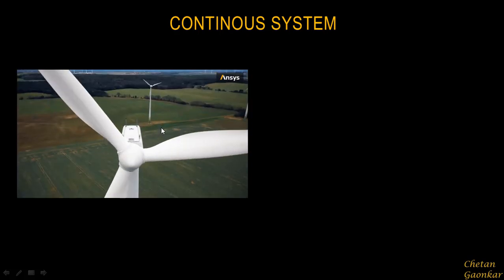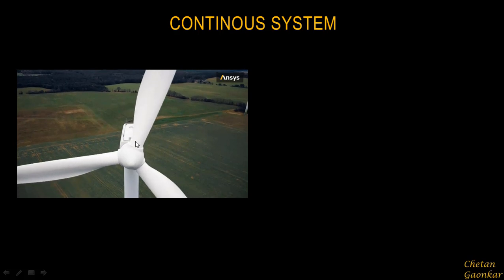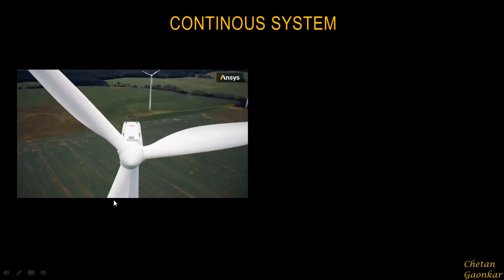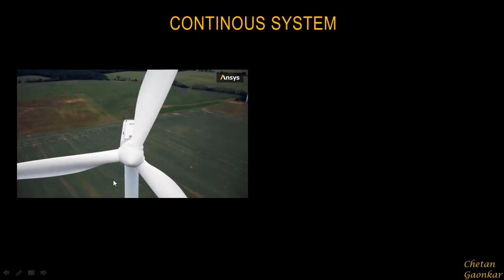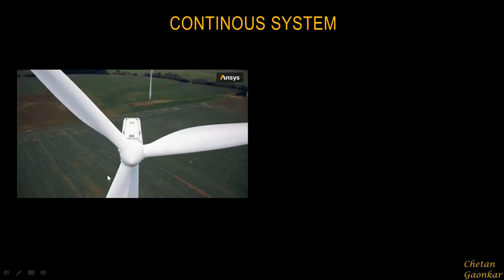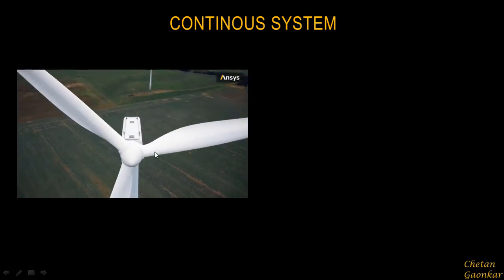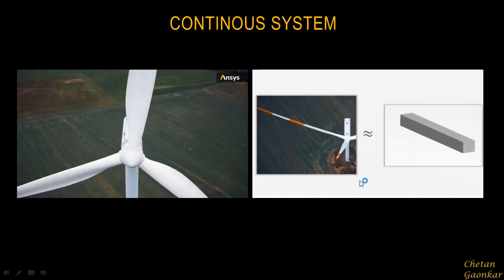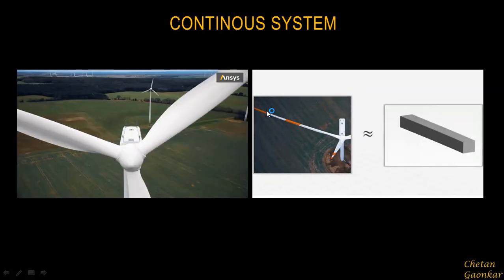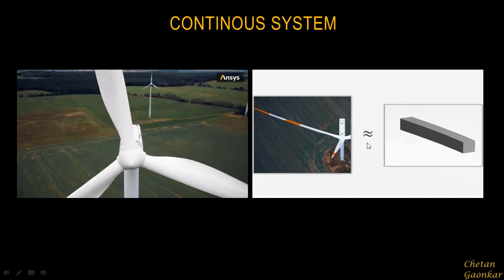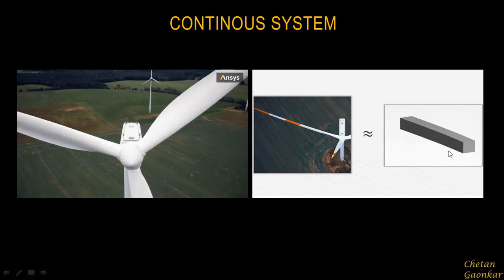So if somebody wants to see how this windmill will behave for different wind loads, and that it doesn't fail like the Tacoma bridge which we had seen, then one will have to perform something called modal analysis. How to do that? This one blade will be idealized again as a cantilever beam. Why?